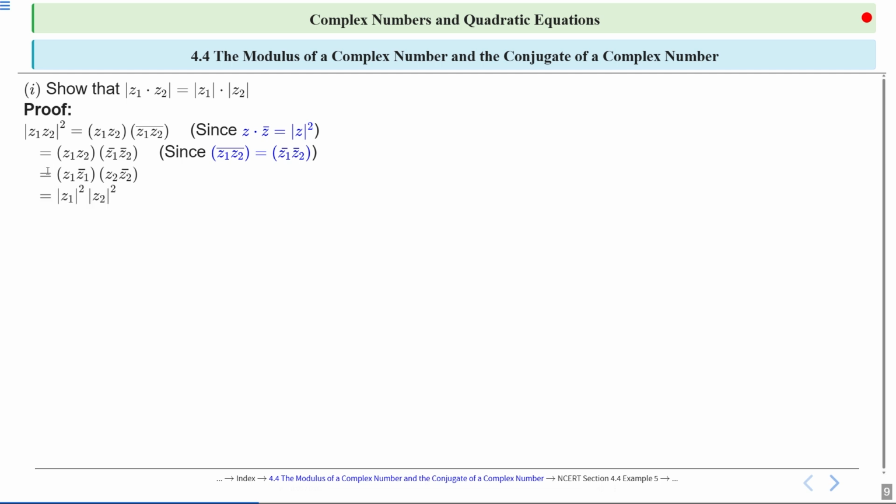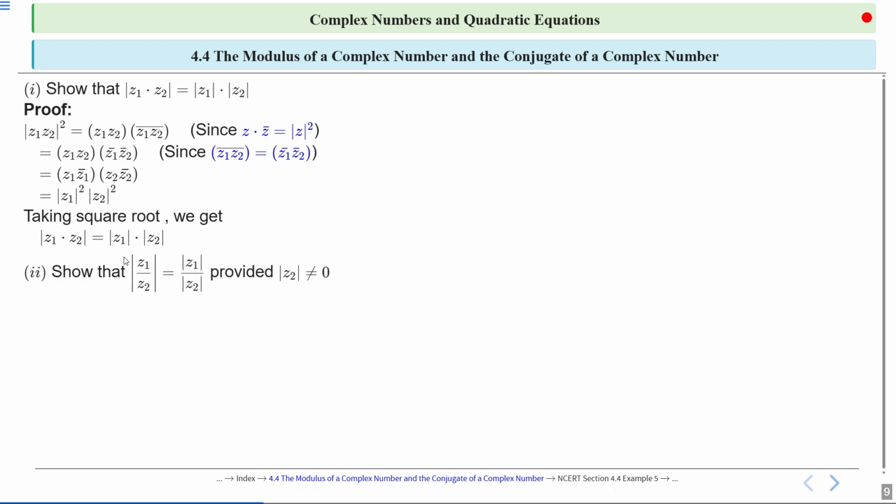In this step, you can see z1 times z1 bar times z2 times z2 bar. As you know, z times z bar equals modulus of z square. So this is equal to modulus of z1 square times modulus of z2 square. Now taking the square root, we get modulus of z1 times z2 equals modulus of z1 times modulus of z2.